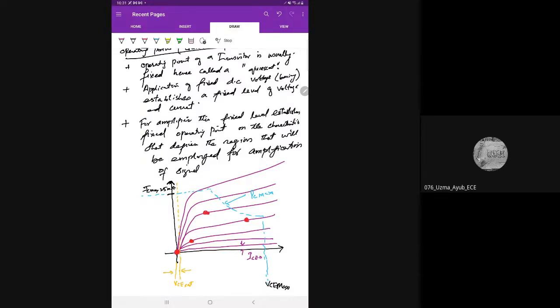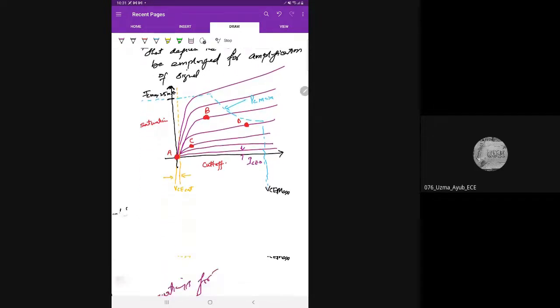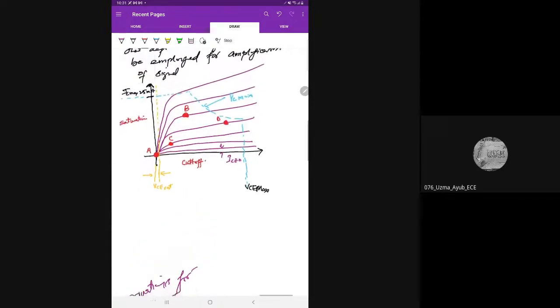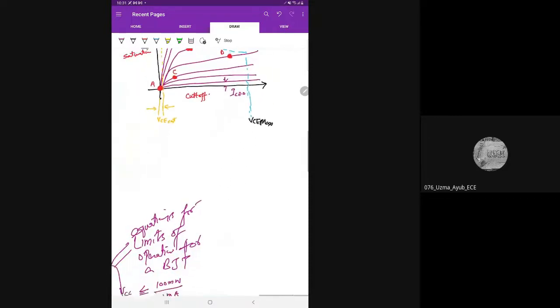Let this operating point be A, this is B, this is C, and this is D. We know that this is cut off region, ये जो है ये है cut off region, and this one is saturation region.